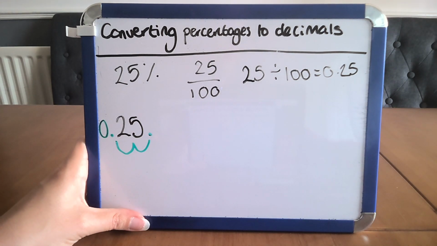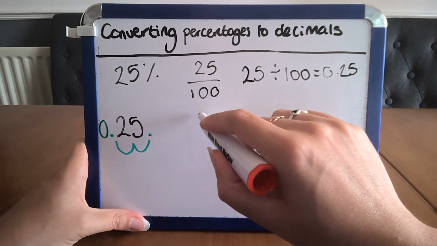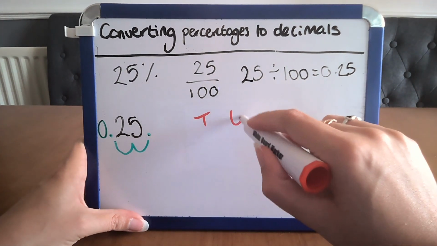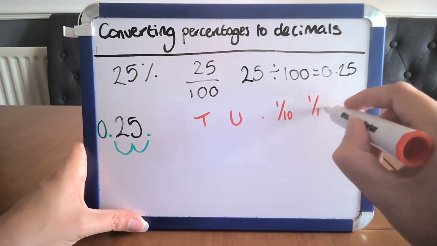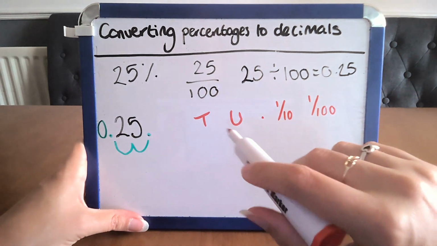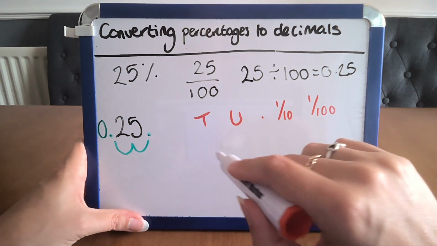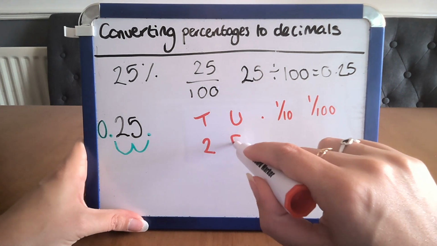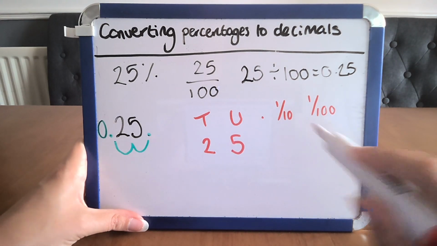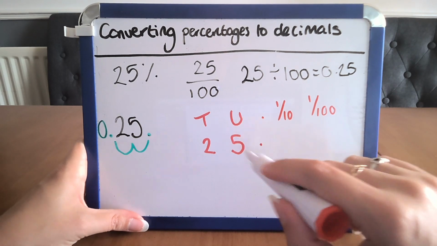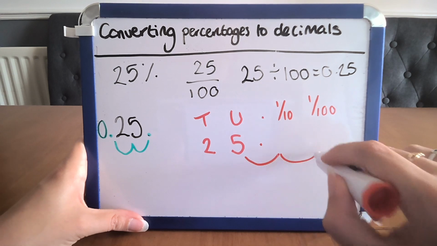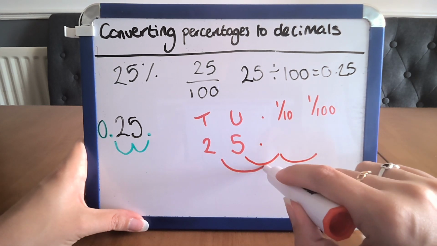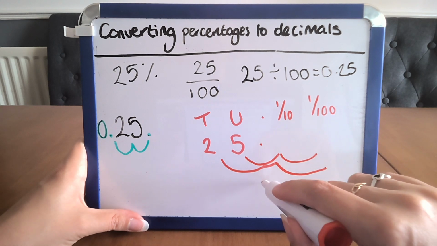Use a different colour actually. We have our tens, units, decimal point, and then after the decimal point is tenths and hundredths. So our 25% would sit here. When we're doing it in place value, they're moving this way. So we move the 5 2 places, 1, 2, and move the 2 2 places, 1, 2.